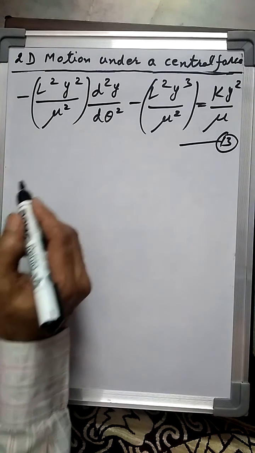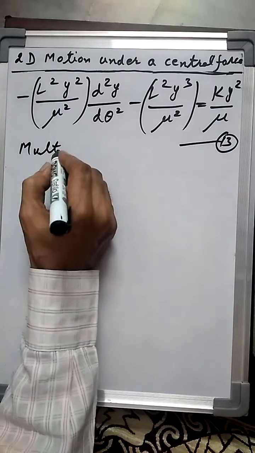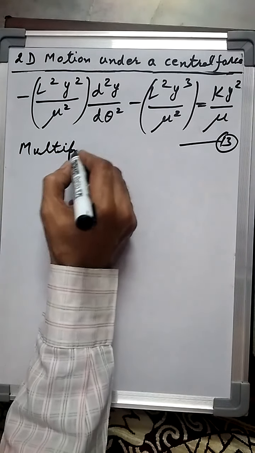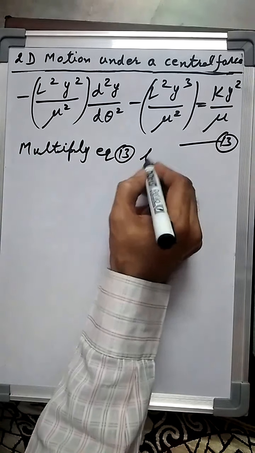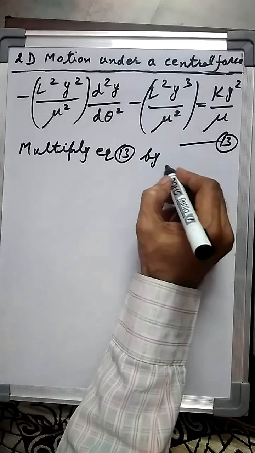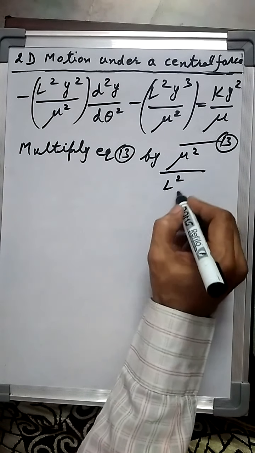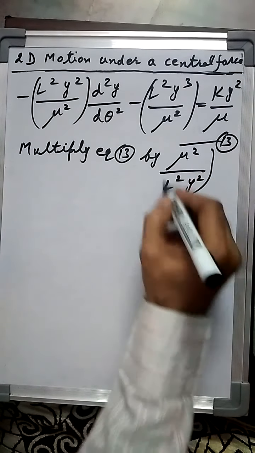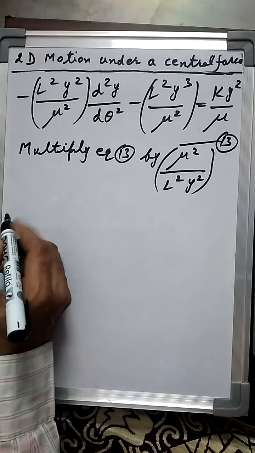Now we shall multiply equation number 13 by the factor mu square by L square y square, just to make this coefficient 1.